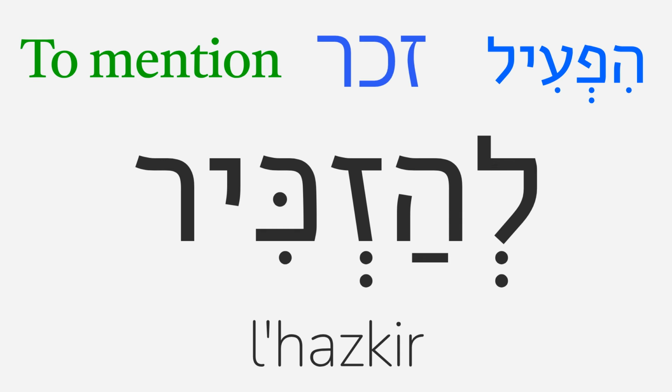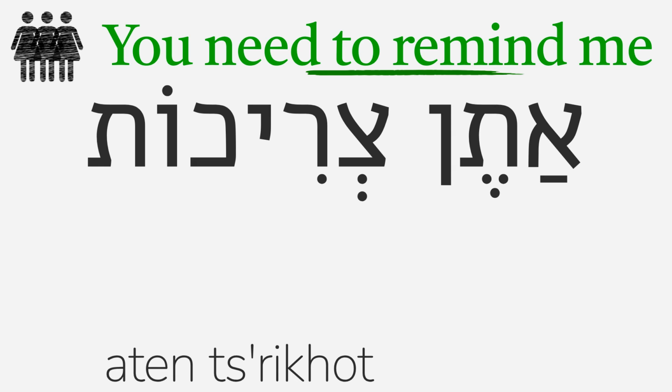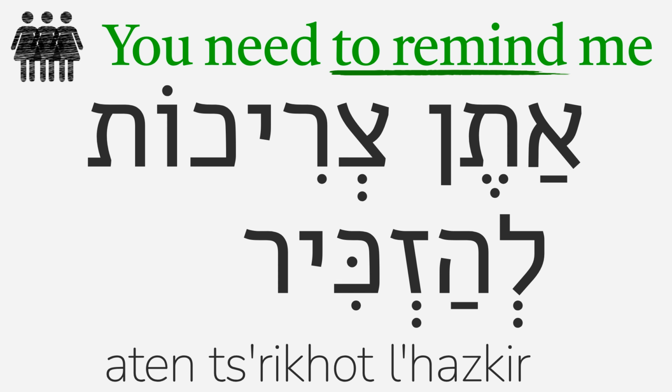Let's say you need to remind me, speaking to a group of women. You, feminine plural, is aten, and need in feminine plural form is tzrichot. To remind is lehaskir. In Hebrew, the person being reminded of something will be referred to with the preposition le. We've seen le, meaning to and for, and it's also used in some places where English doesn't use a preposition at all.